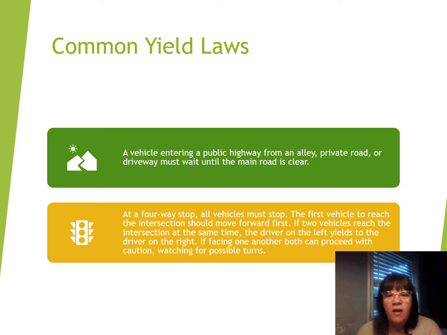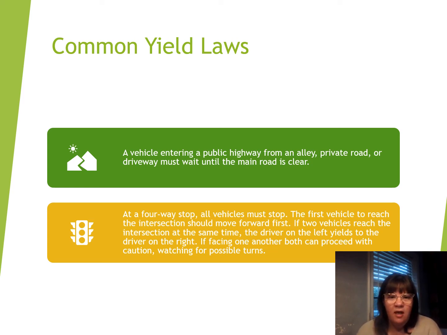Well, a driveway or alleyway or private road like that that does not have a stop sign is considered an uncontrolled intersection. And as a bus driver, I would hope that you would all stop and pause and look before entering a roadway to make sure that it's clear.